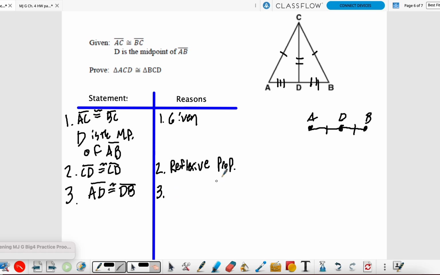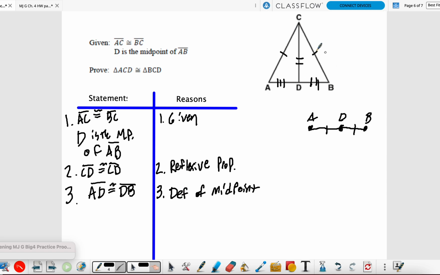We've never used this reason, but we just know that's what a midpoint does. Kind of like definition of bisect, it just cuts it in half. So we can just put definition of midpoint, or def of MP if you want to be really lazy about it.